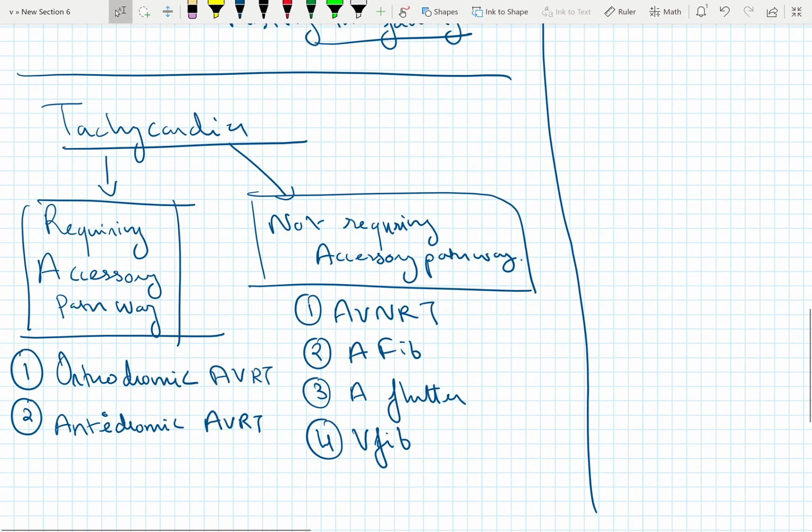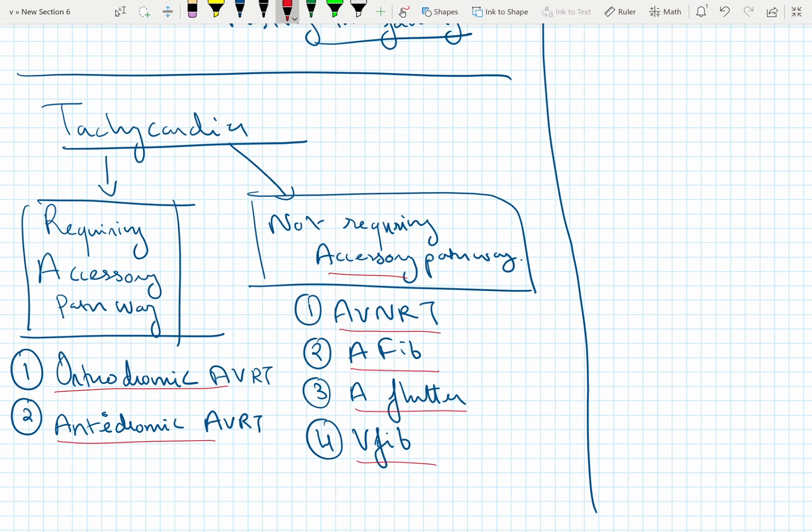Let's talk about tachycardia. Tachycardia in WPW syndrome can be divided into two types: those requiring the accessory pathway and those not requiring it. The tachycardias that require the accessory pathway are orthodromic AVRT and antidromic AVRT, and those that do not require it are AVNRT, atrial fibrillation, atrial flutter, and ventricular fibrillation.